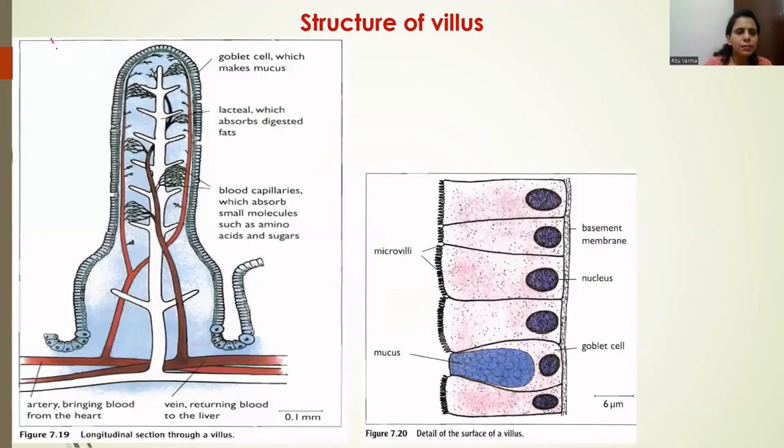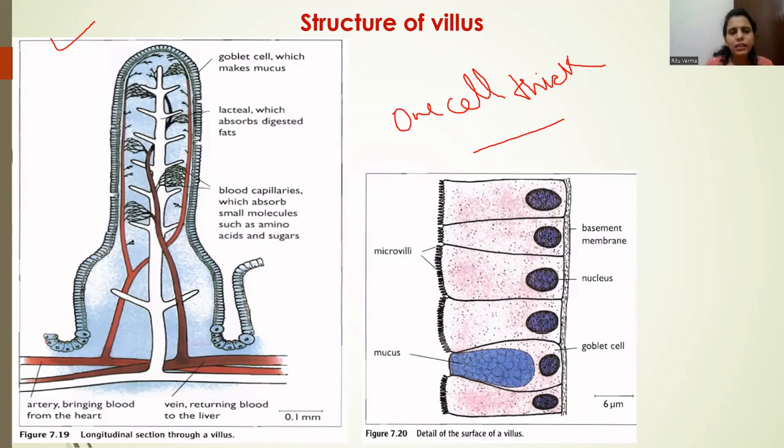Now in detail, we will see the structure of the villus. On the left side, this image is the longitudinal section of a villus. Villi is plural, villus is singular. The first very important point to note about the villus is that it is one cell thick. This is indeed a very important adaptation. As you can see in the picture, villi is one cell thick.